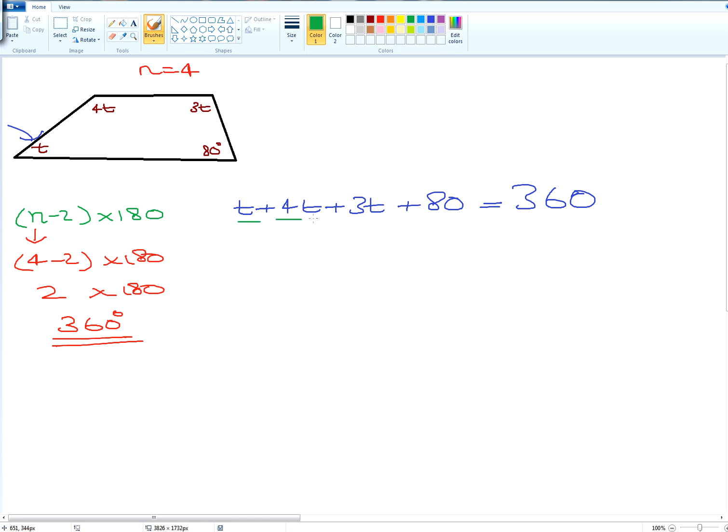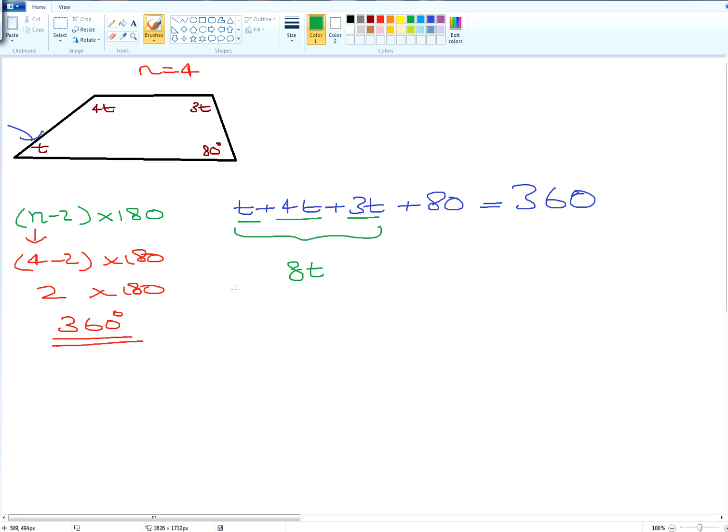These are all T terms, and they are called like terms, when they are like each other. So T add 4T add 3T gives you 5T, add 3T is 8T. Not 8T cubed. We're not multiplying them.